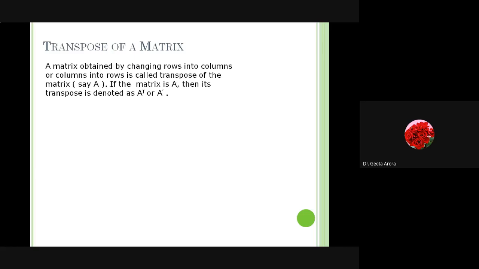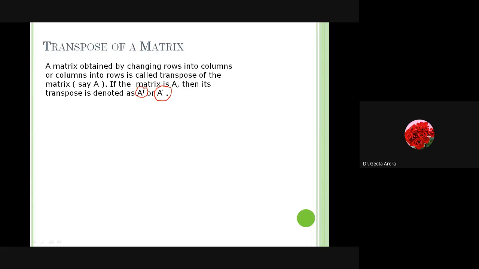So what is it? A matrix transpose can be obtained simply: if I have written a matrix A, then whatever rows are there in matrix A, they have to be written as columns, and the column elements should be written in row form, and then whatever the new matrix is coming in front of you is known as the transpose, A transpose. Correct? And how is it represented? It is represented by A. In the superscript we are putting either T, or we are putting a dash, A dash.